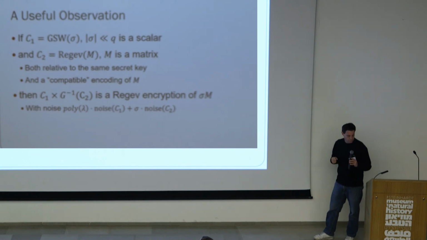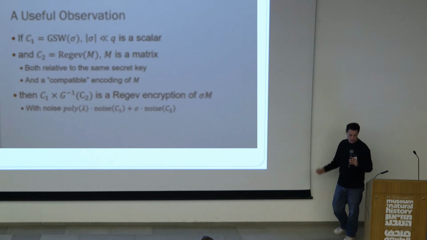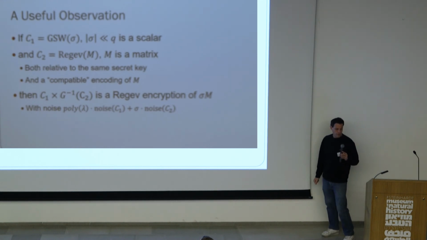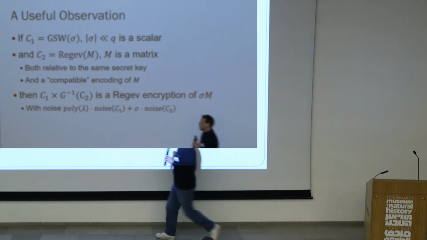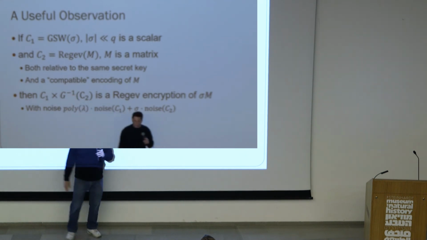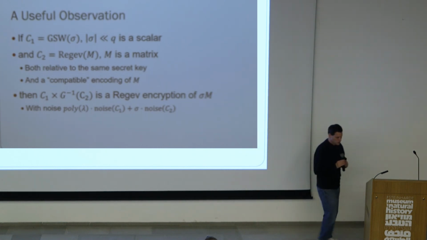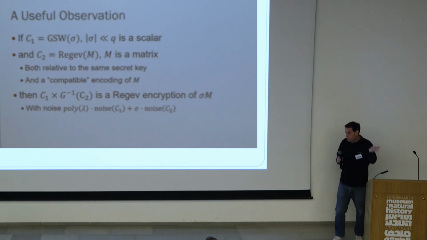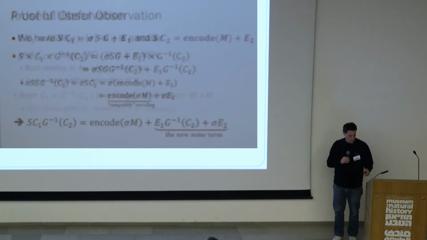So the observation is, if you have a GSW encryption of some small scalar, and you have a Regev encryption of a matrix, then you can just apply the GSW multiplication operation to them, and it gives you a Regev encryption of the product between the scalar and the matrix. And that's nice. It lets you move from GSW to Regev encryption in some sense.